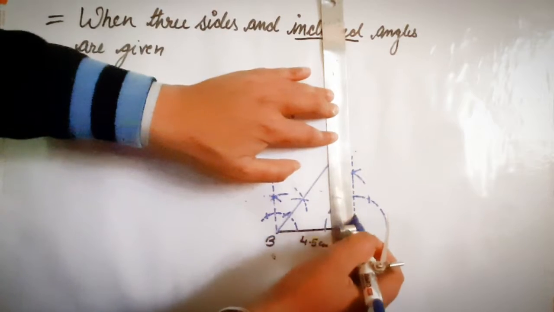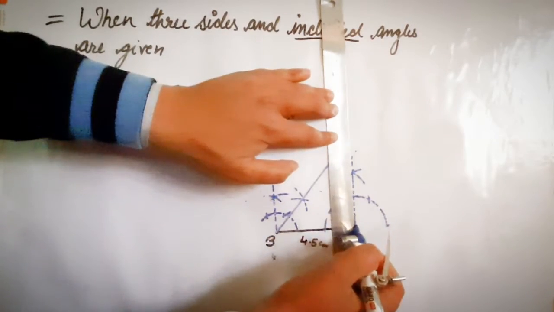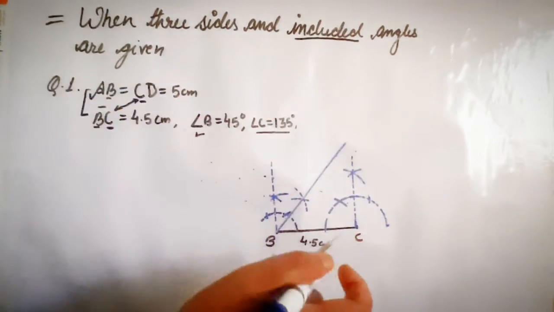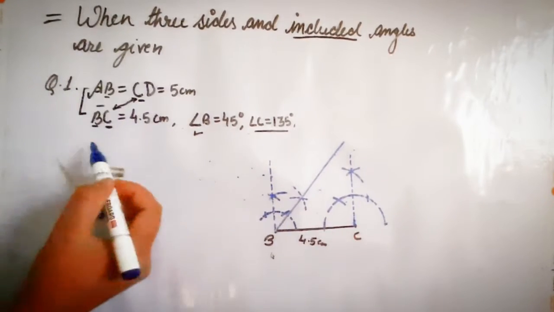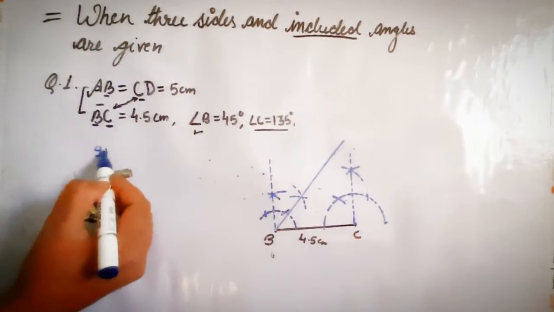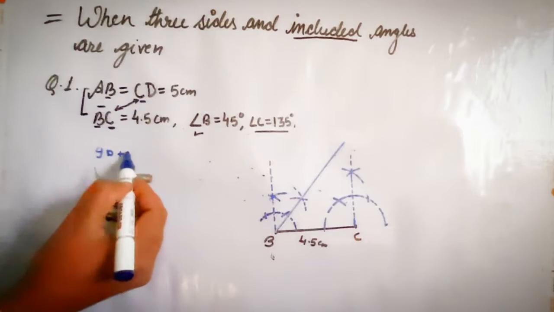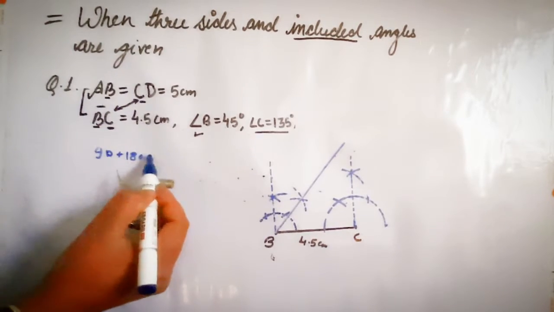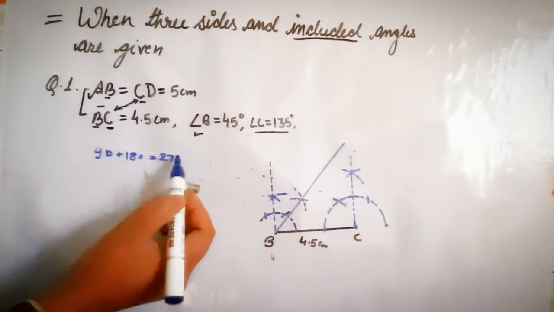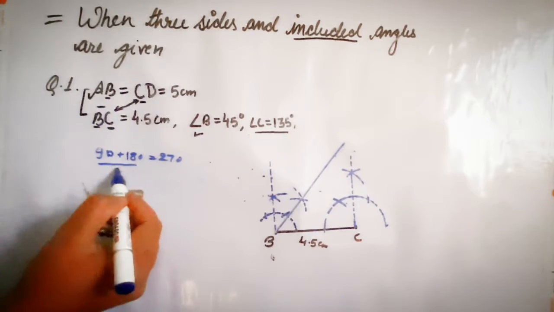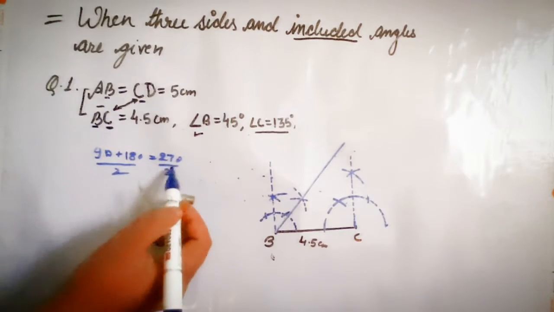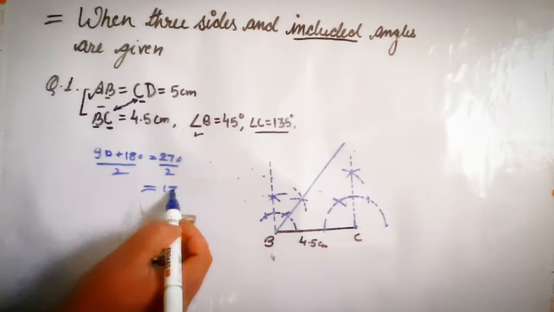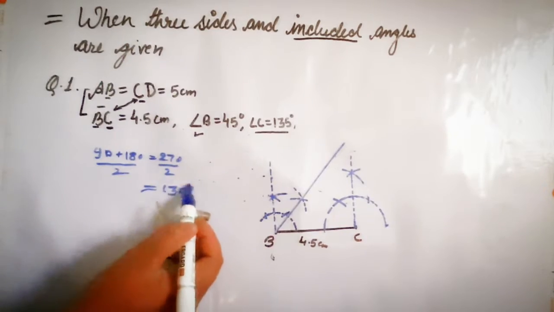Then half of 90 and 180, because 90 plus 180 will be equal to 270, and if we do half, then the half will be equal to 135 degree.